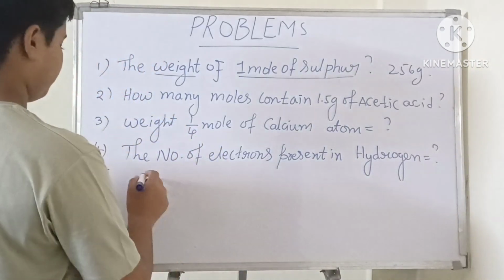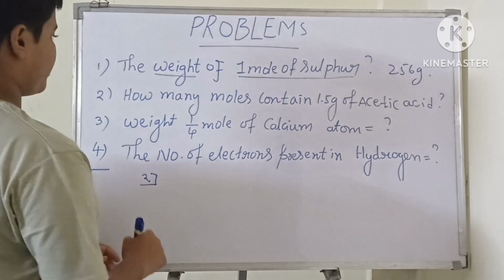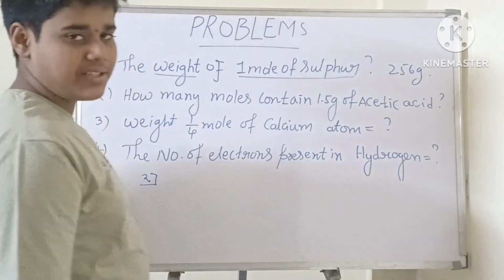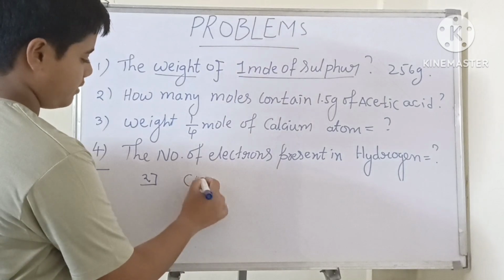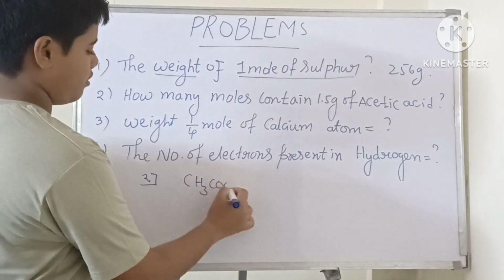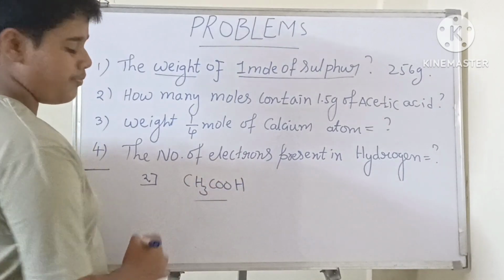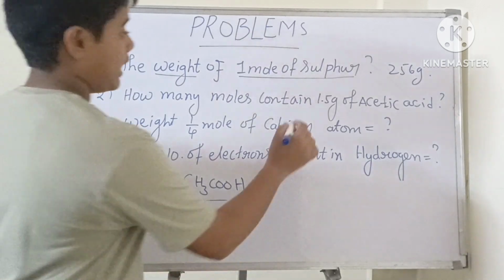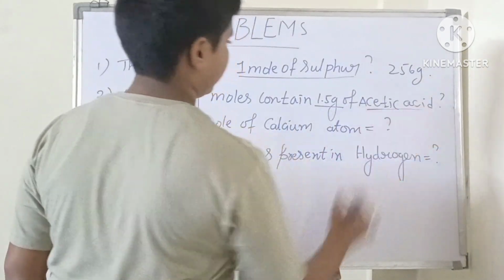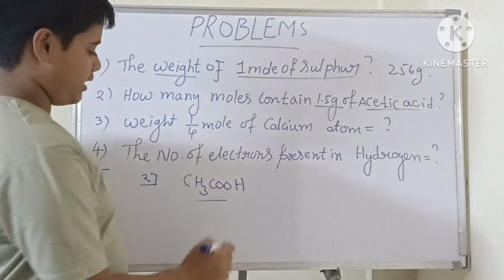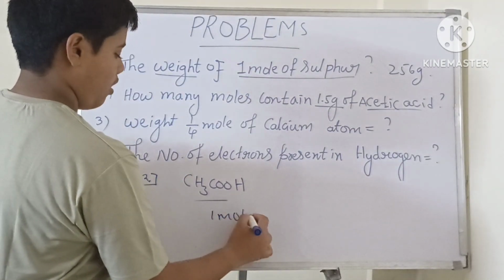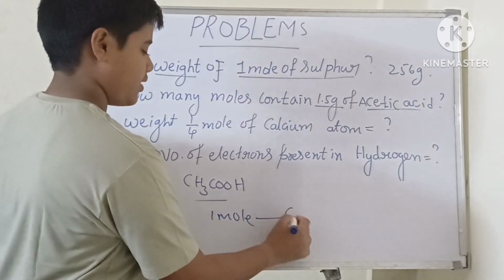And second sum. How many moles contain 1.5 grams of acetic acid? Here acetic acid means CH3COOH. Okay. And we have to find out how many moles contain 1.5 grams of acetic acid. 1 mole of acetic acid contains 60 grams.